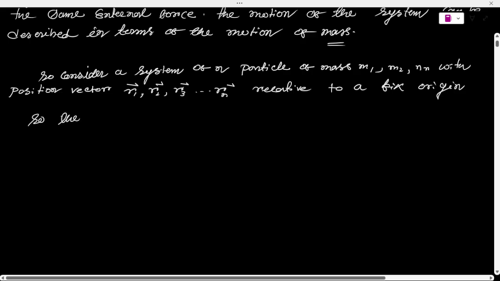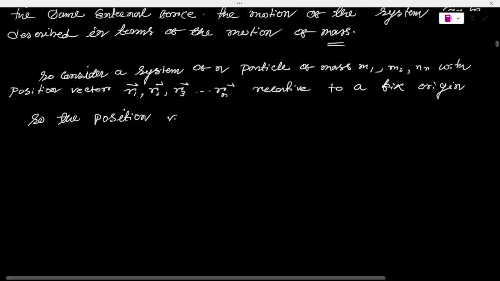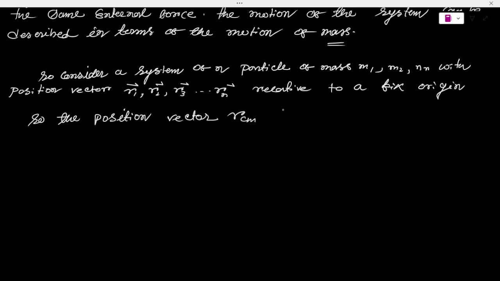Relative to a fixed origin, what will be the position vector r of cm, the center of mass of the system?